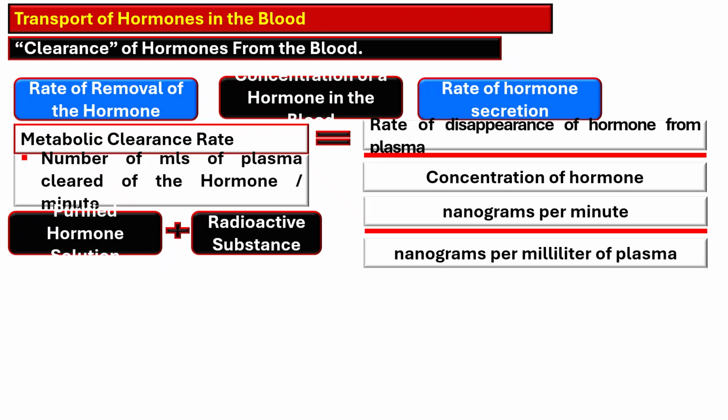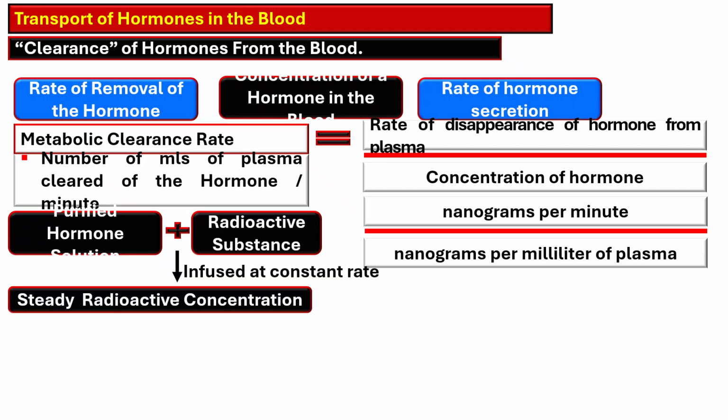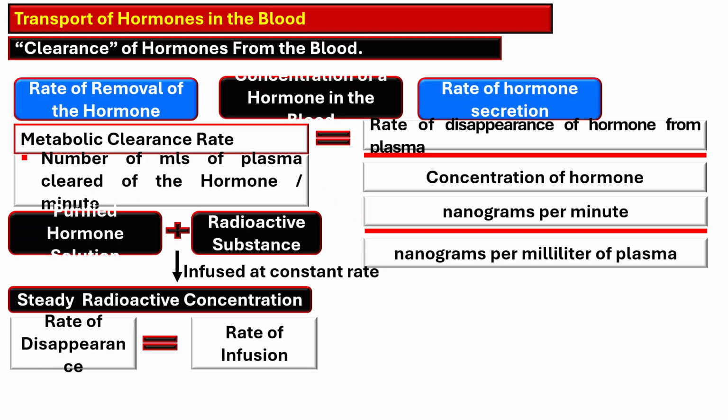To measure the hormone clearance rate, a purified hormone solution is bound with a radioactive substance and infused at a constant rate, until a steady radioactive concentration is achieved.